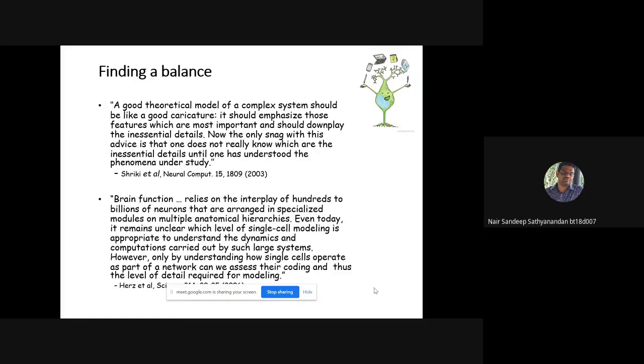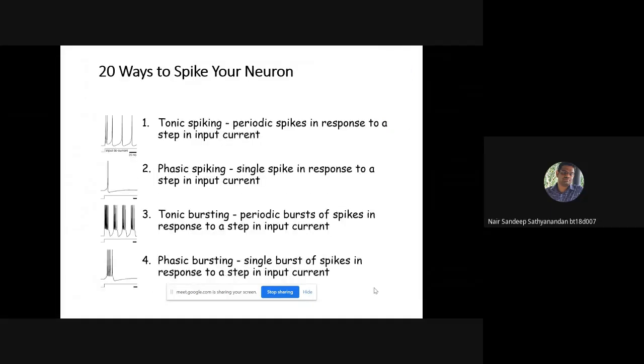That can be done only by understanding how single cells operate as part of the network. Every cell will be behaving differently when connecting to the network. There are different kinds of mechanisms exhibited by a single cell, and that is what we will be looking at today. So we can briefly summarize 20 ways to spike the neuron.